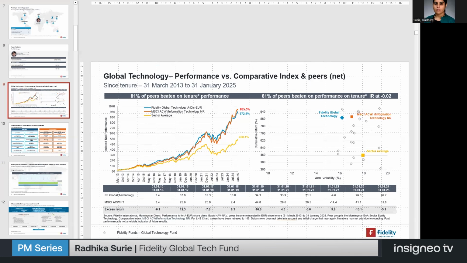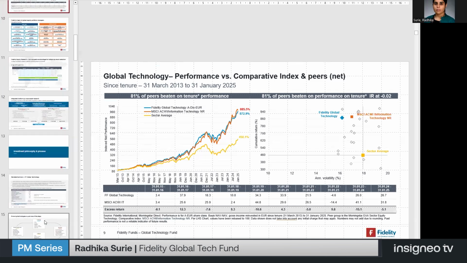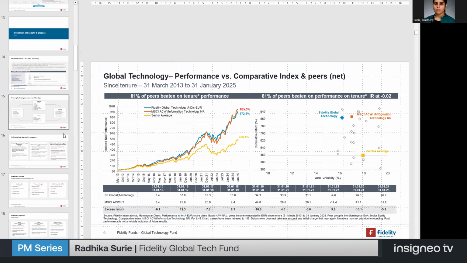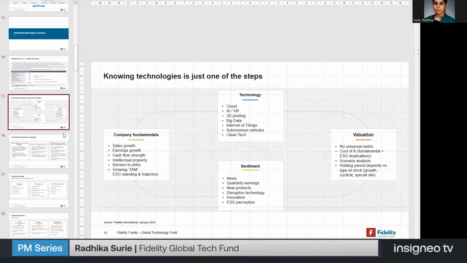But essentially, by being quite focused on bottom-up stock selection, often you can get very sound outcomes over a period of time. So that's a little bit about the team that surrounds the product.